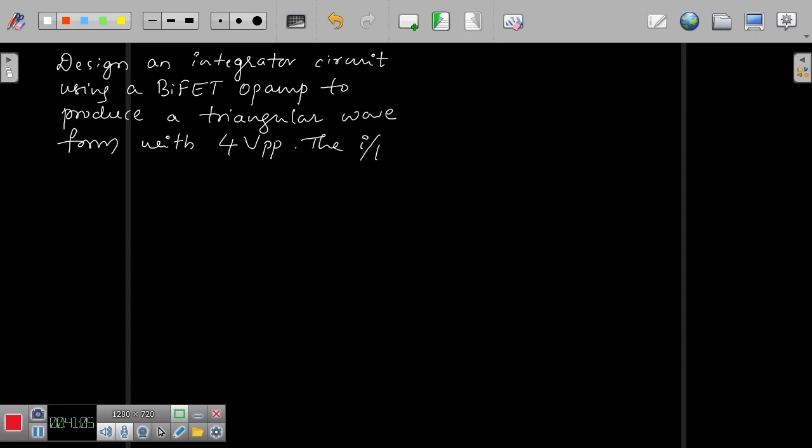The input is plus or minus 5 volt square wave with 500 hertz frequency.